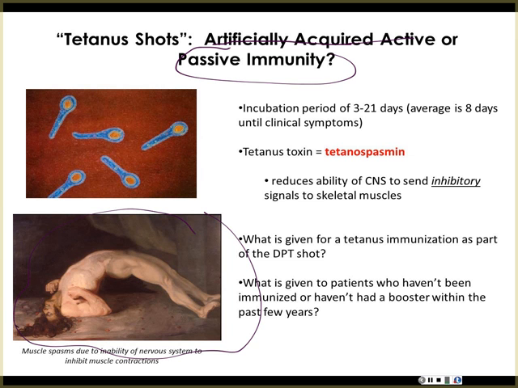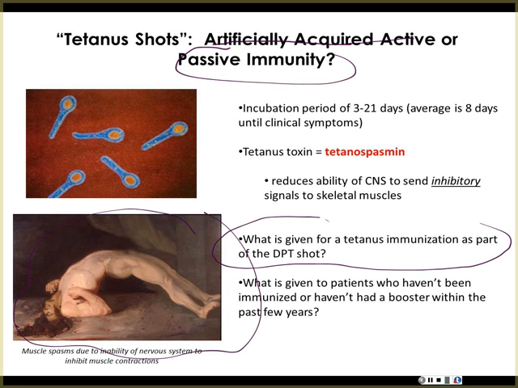Now, when you get the DTaP shot, there you're receiving the tetanus toxoid as part of that vaccination. Or if you get a tetanus booster shot, they're giving that to you to stimulate your own immune system to make its own antibodies. So if you do have a cut or something like that, the doctor says, when was your last tetanus booster?